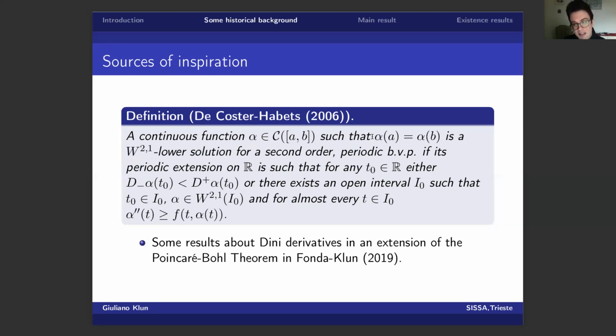Also, Dini derivatives have this kind of property, and moreover, the Dini derivative at a point depends on the values of Dini derivatives in a neighborhood of that point, at least for continuous functions. Namely, we can say that the Dini derivative at the point is less or greater than the lim-inf or the lim-sup of other Dini derivatives in a neighborhood of that point.